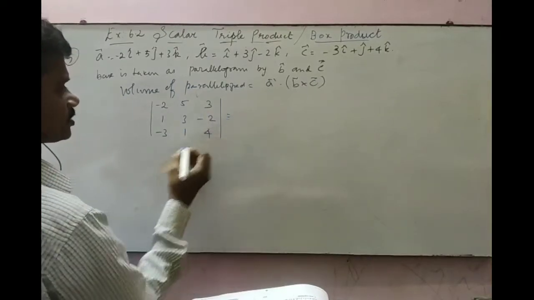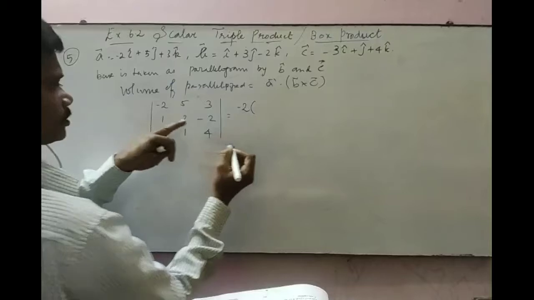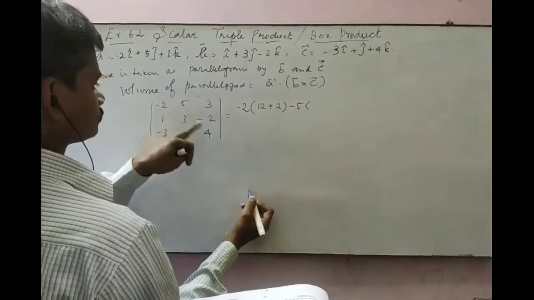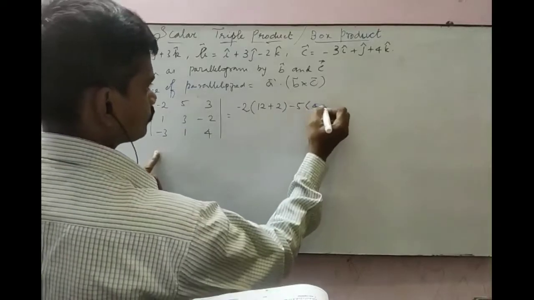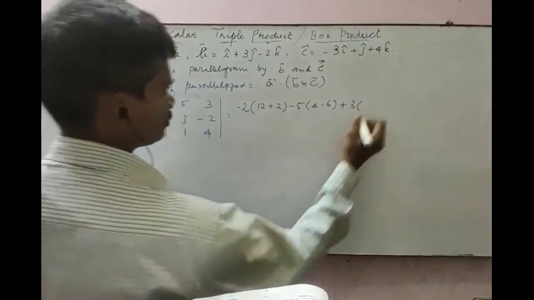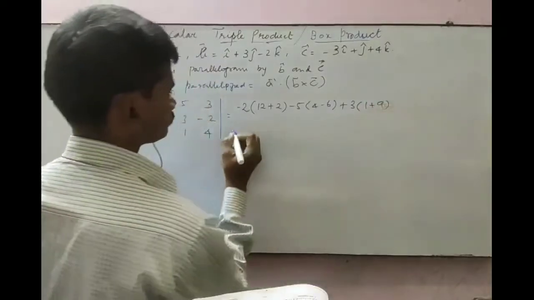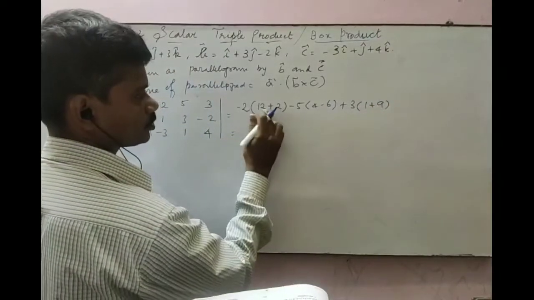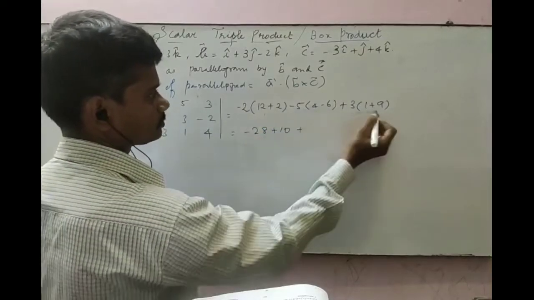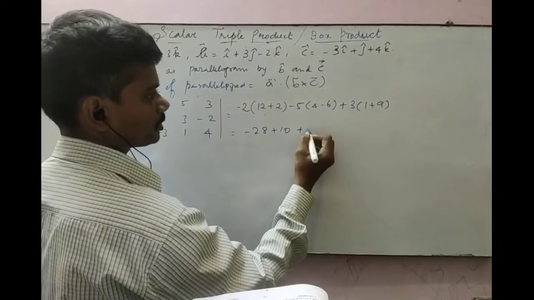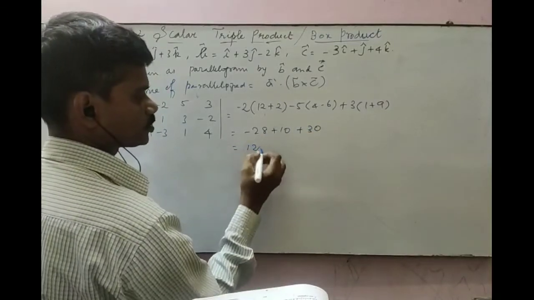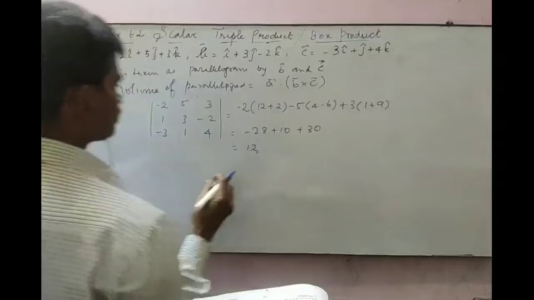If you expand this, you will get minus 2 into 12 plus 2, minus 5 into 4 plus 4, minus 6 plus 3 into 1 plus 9. That gives 12 plus 2, 14, 14 into 2, 28, minus 2 into minus 5, 10 into 3, 30. 40 minus 28 gives 12. So this is the volume of the parallelepiped.